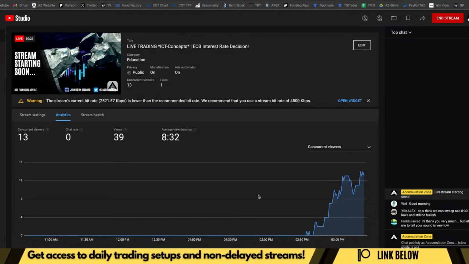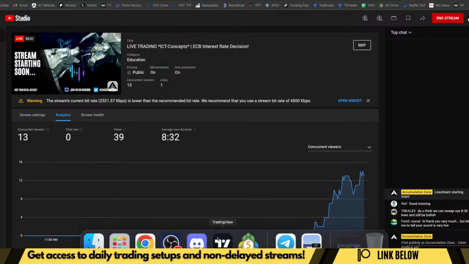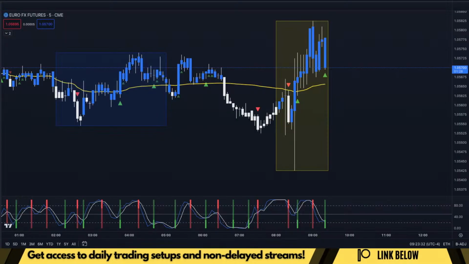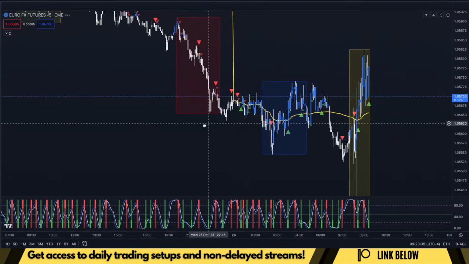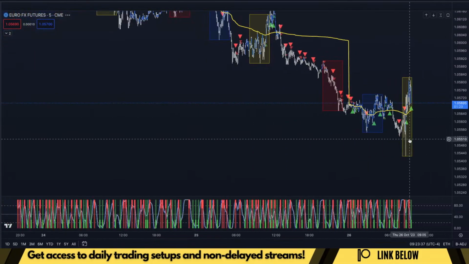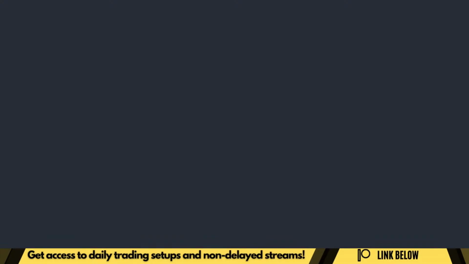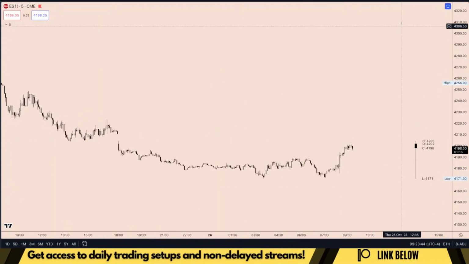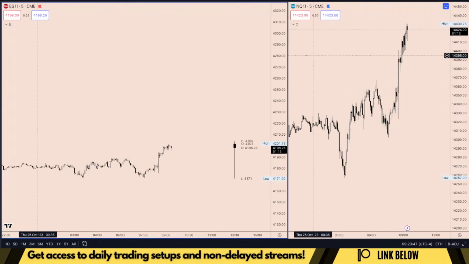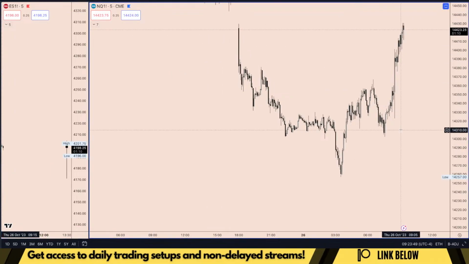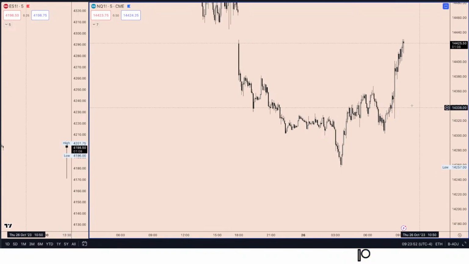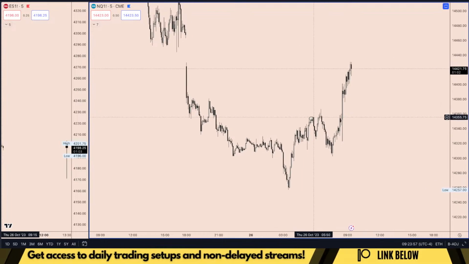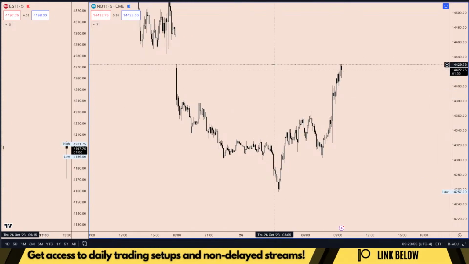Do I think NAS can sweep 830 lows and still be bullish? Let me go to the 5-minute time frame and we can check. Sweep the 830 lows, NASDAQ, and still be bullish.